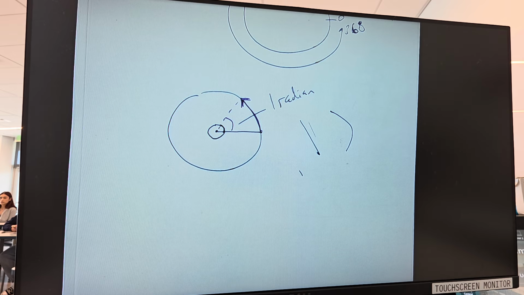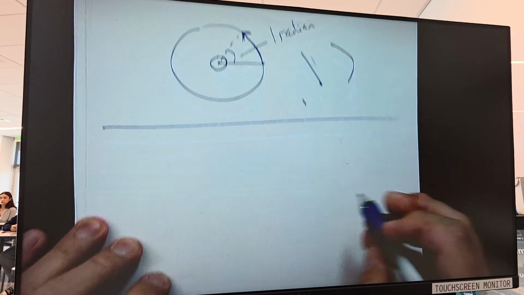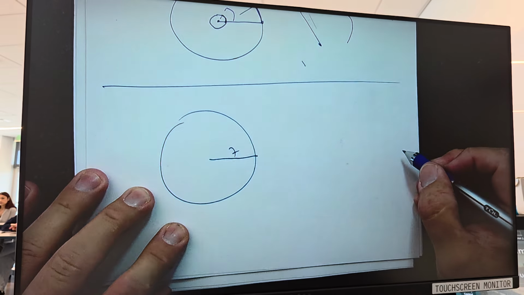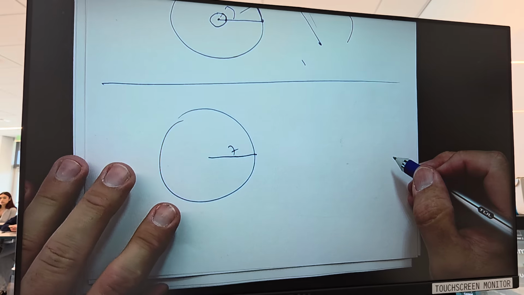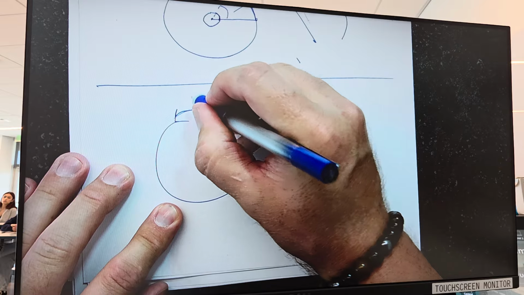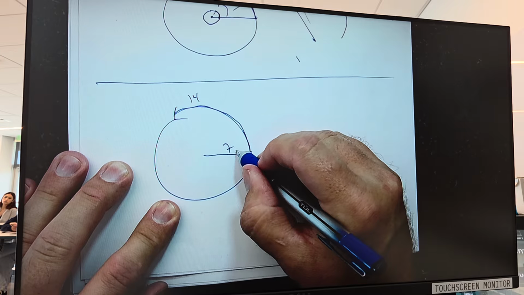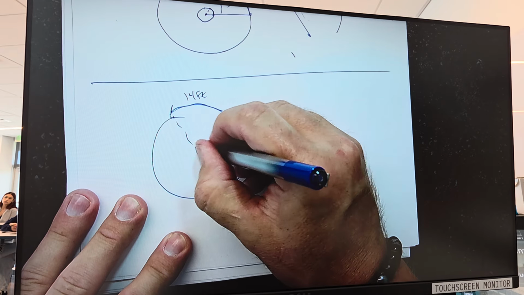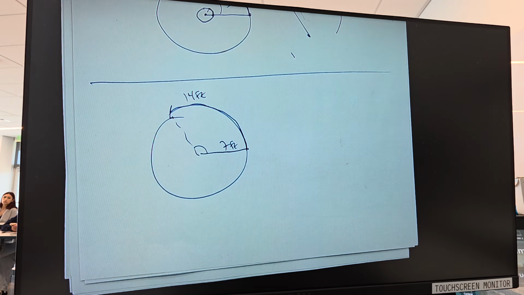So real quick, let me see if you guys really understand this physical idea. What if I had a circle? Let's say the radius is 7. And let's say I walk 14. Let's give these units, feet, sure. What's the angle in radians? 2 radians. Do you guys see?